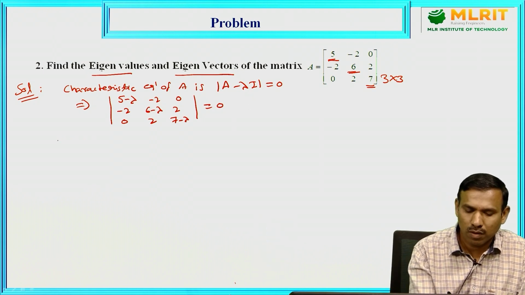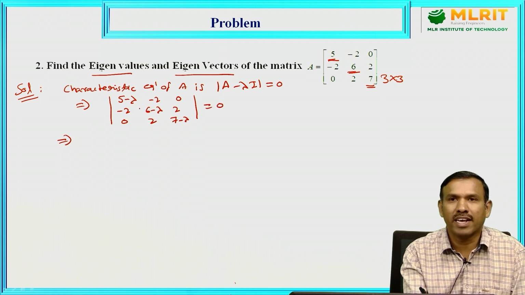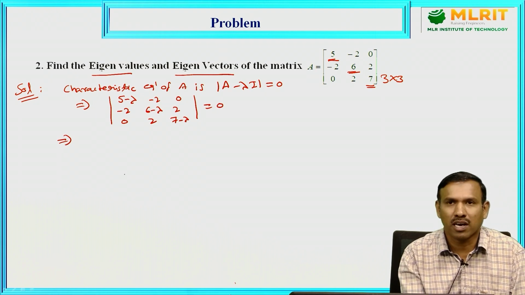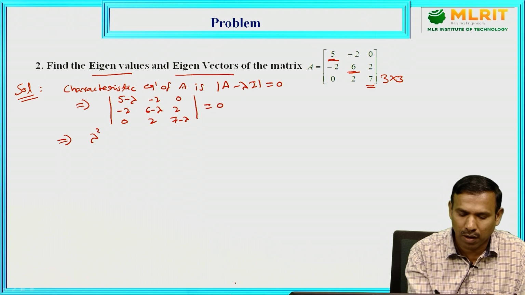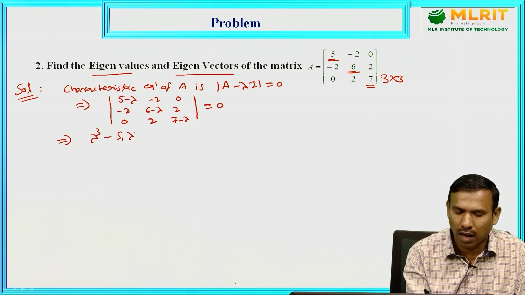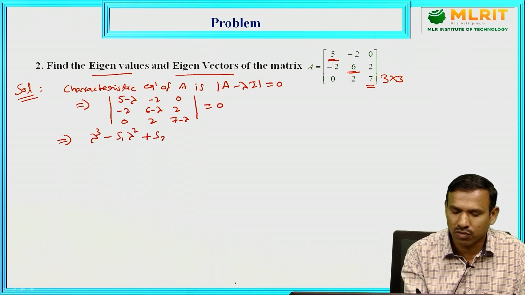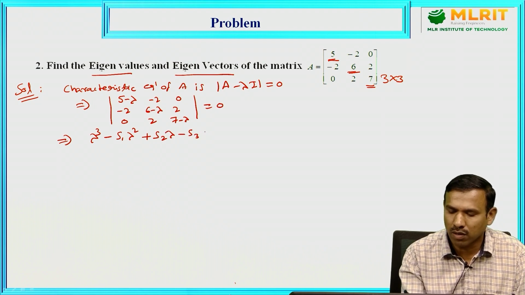Now the expansion. If you feel it is difficult, I have given a shortcut formula that I will use: lambda cube minus S1 lambda square plus S2 lambda minus S3 is equal to 0.